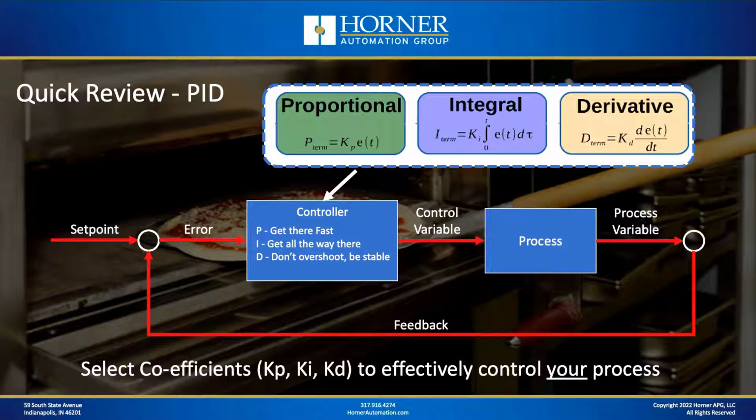So the proportional is going to help us get there fast, the integral is going to make sure we get all the way there, and the derivative is useful when we want to make sure we don't overshoot too much and to make sure we're as stable as we need to be. So the whole goal of PID from a tuning standpoint is going to be all about selecting the coefficients that will help us balance the proportional, the integral, and the derivative to control our process the way we need to.